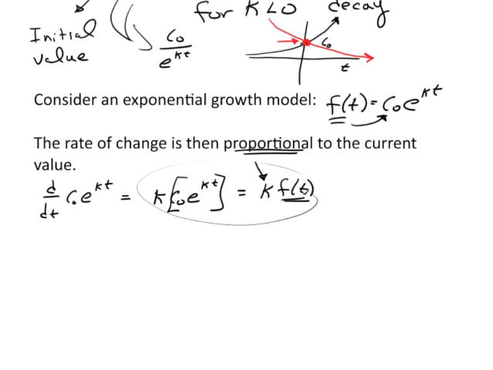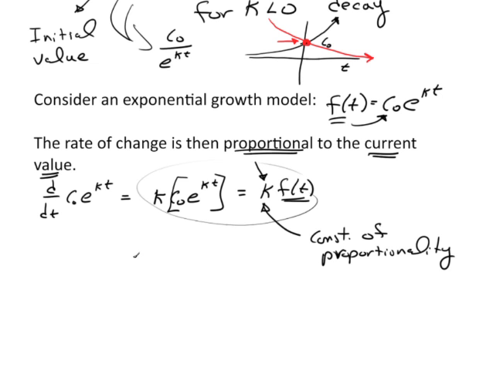So at any value or any time t, f of t will give me the current value, but it's going to be proportional because this value k, we can think of in this context as a constant of proportionality.